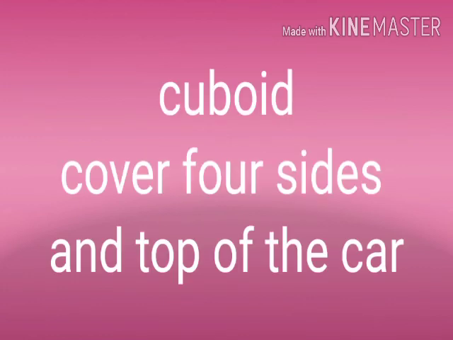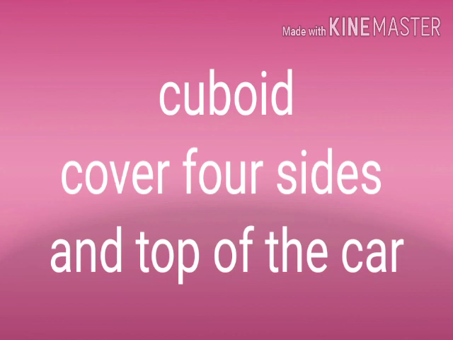Then here she needed to make a temporary shelter for her car, which is in the shape of a cuboid. 4 sides and top she need to cover. So the total area of the tarpaulin required is LSA plus base area, because in the question it is already mentioned that its 4 sides and top need to be covered.